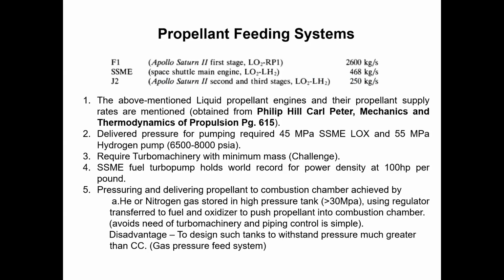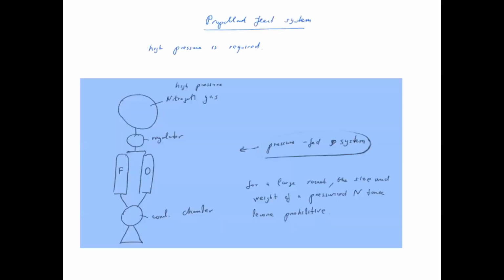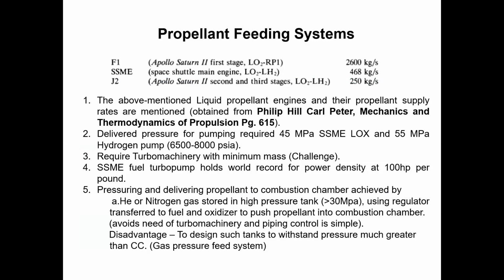Discussing the primary feed system that we discussed in the previous slide, which is the pressure fed system, I would again like to go over it. You either have a nitrogen or a helium tank, set up at a very high pressure, I would say greater than 30 megapascals.